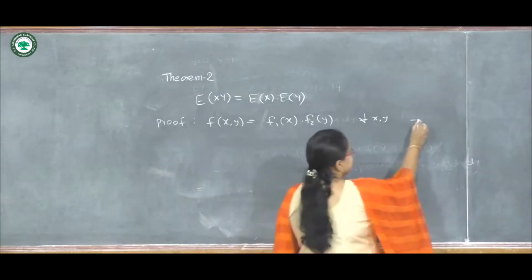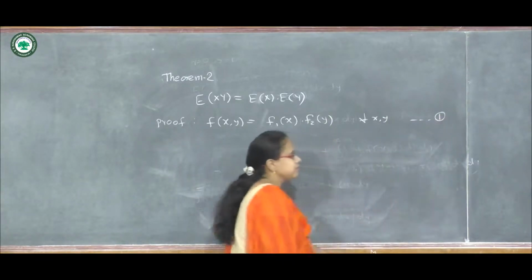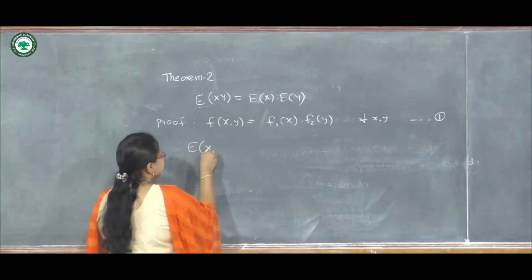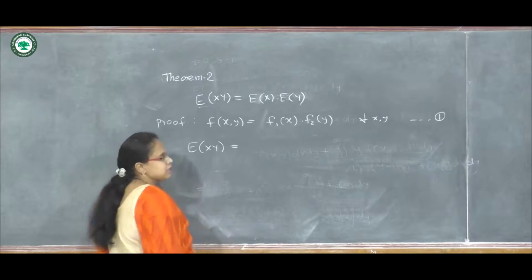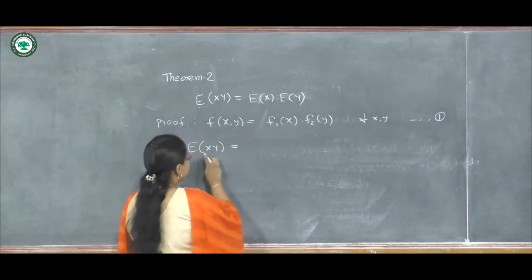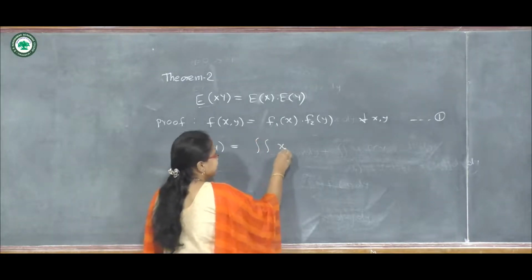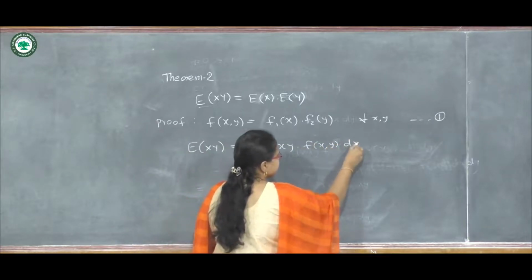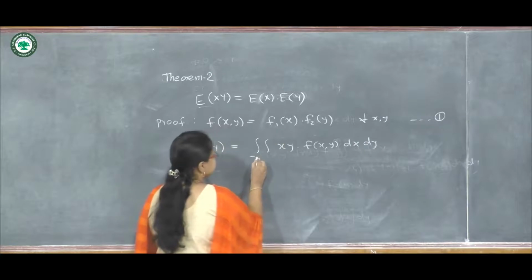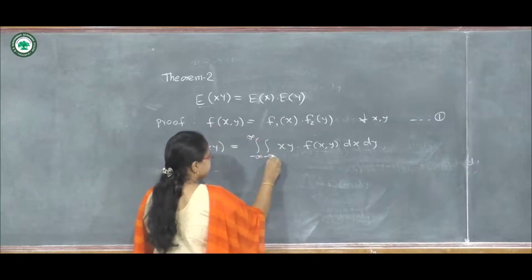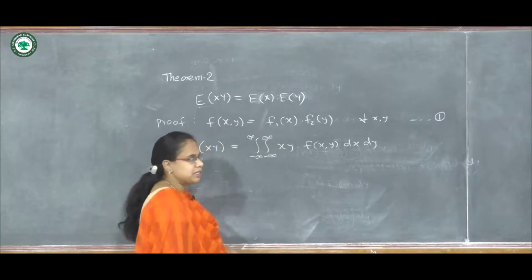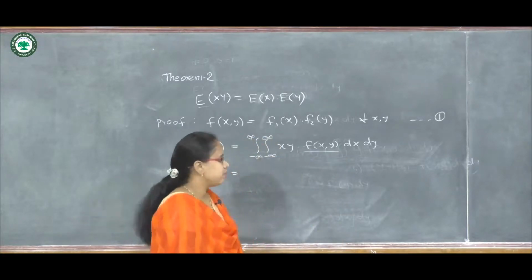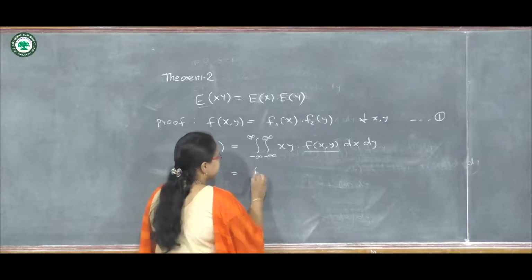Let's call it number 1. Then let's take this side. So the expected value of XY can be written in this way, and we will substitute here the value of f(x, y) from equation number 1.